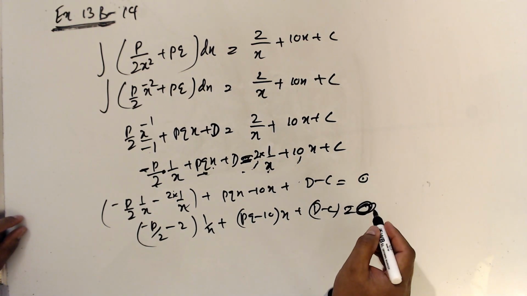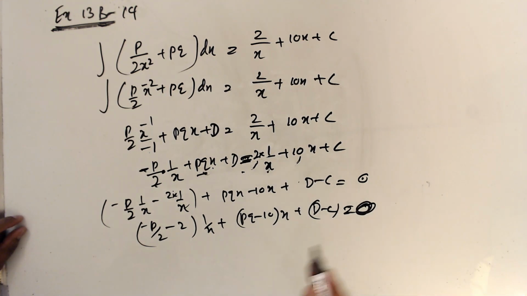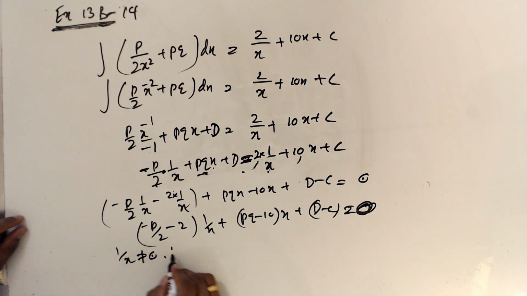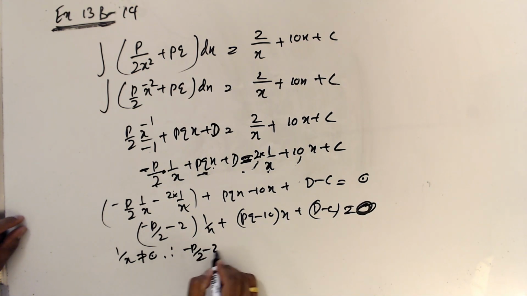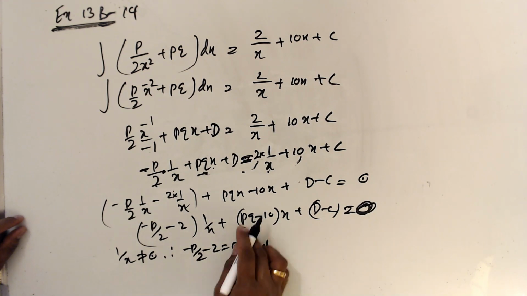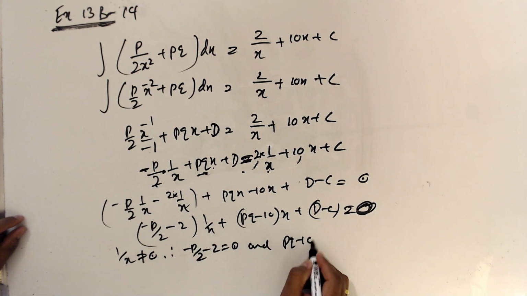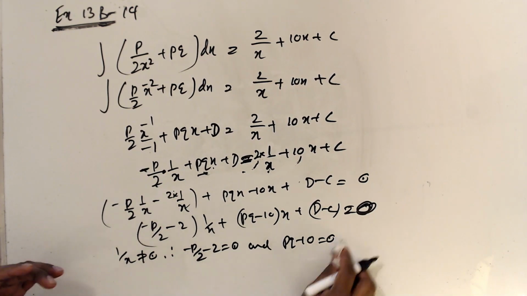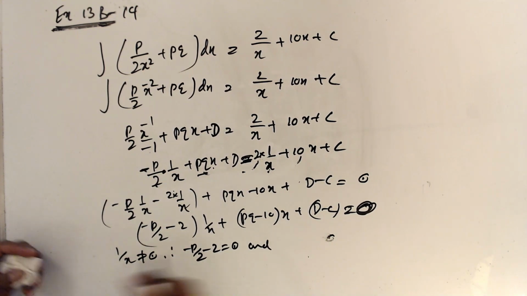Now, to make this right side equal 0, what is the possibility? 1 over x should not be equal to 0. Hence, minus p over 2 minus 2 should equal 0. And at the same time, pq minus 10 should be equal to 0. x can't be 0.